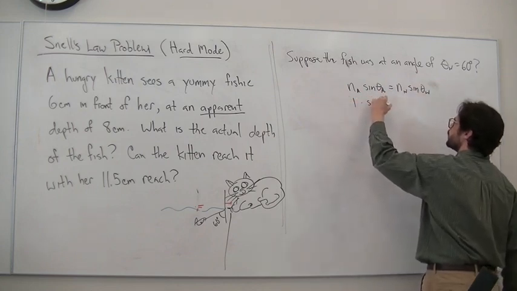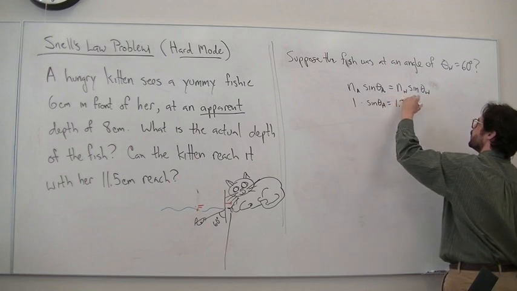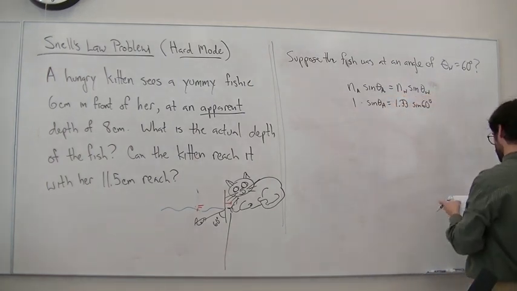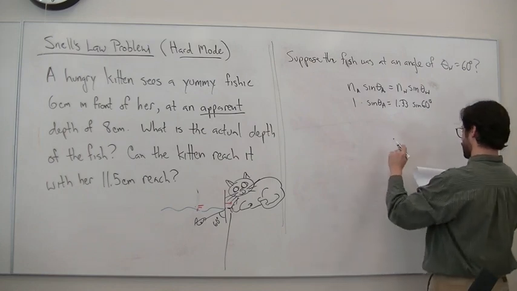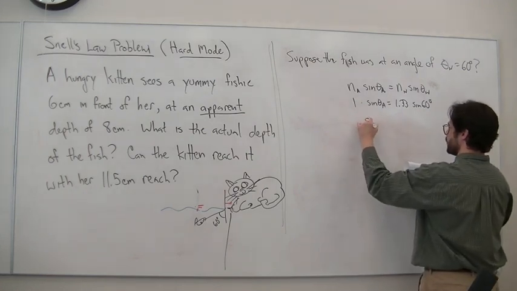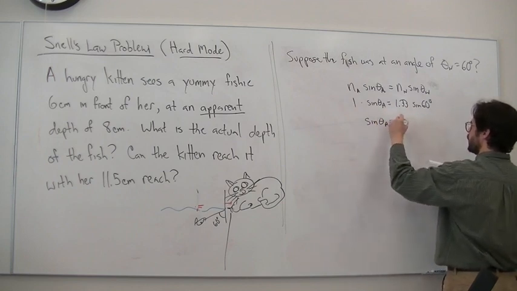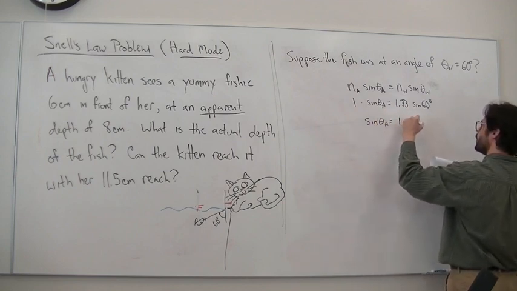1.0003. And then I have 1.33 times sine 60, and I get 1 times sine theta air is 1.126.